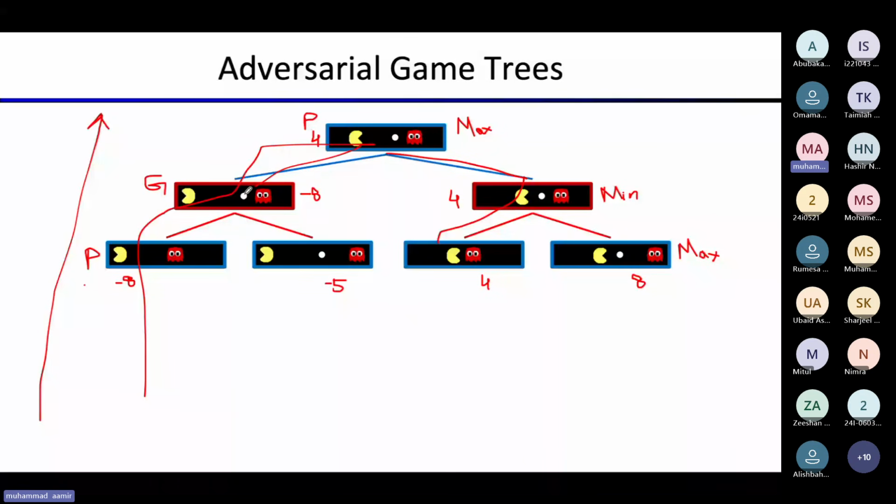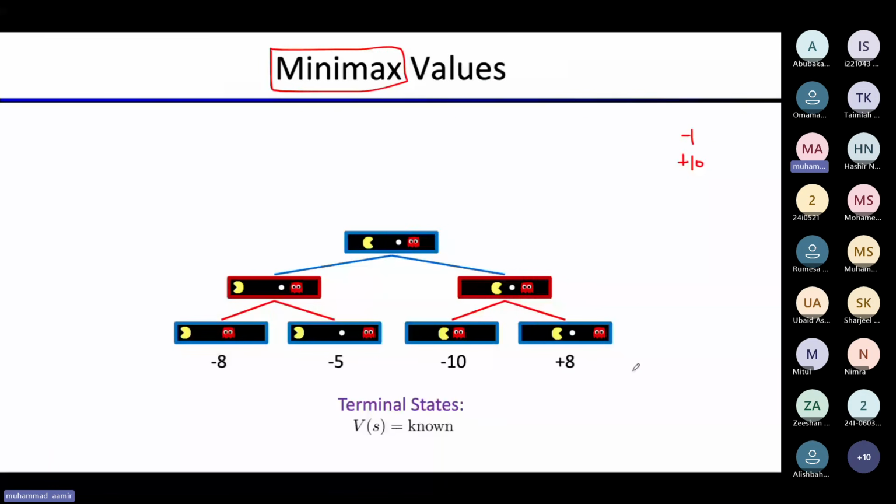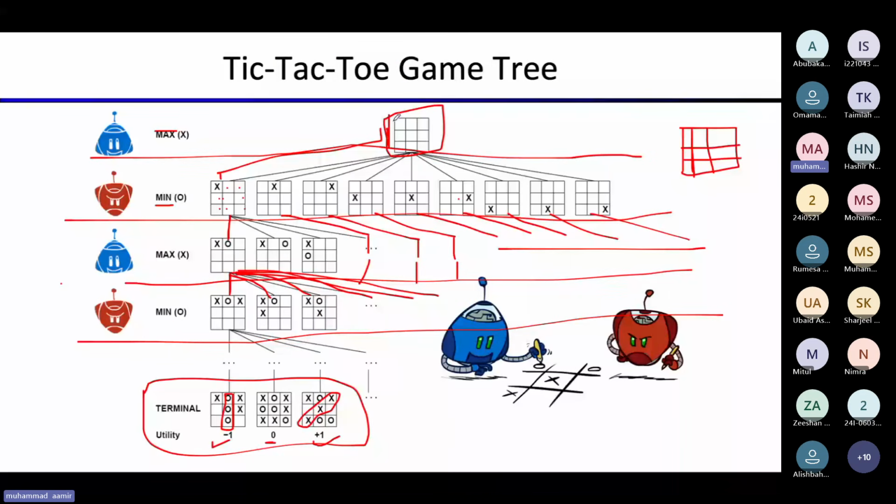Just imagine this size of game tree, and then for taking each move, you have to completely traverse the tree till the end to check whether taking this move will lead me towards a win, tie, or loss.